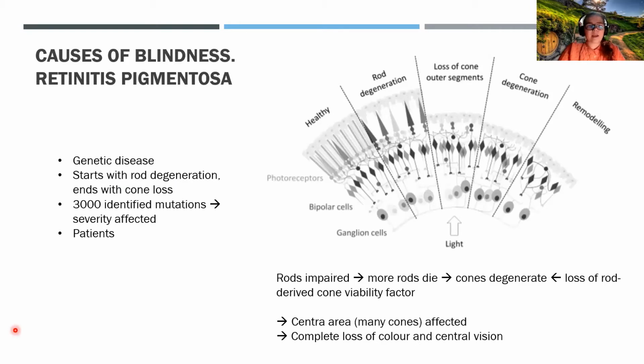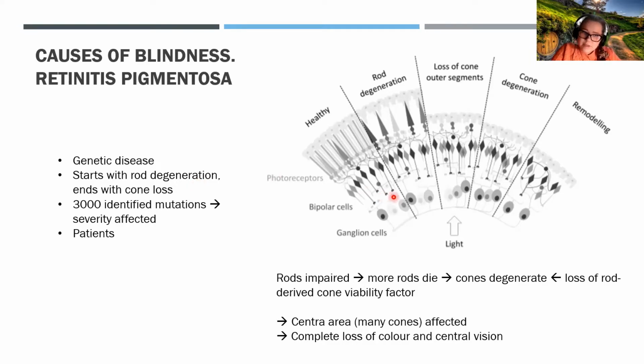Now, I would like to talk about two major causes of blindness. I will not talk about cataract that can also cause blindness, but I will talk about retinitis pigmentosa. It is a genetic disease, and it starts with rod degeneration and ends with cone loss.